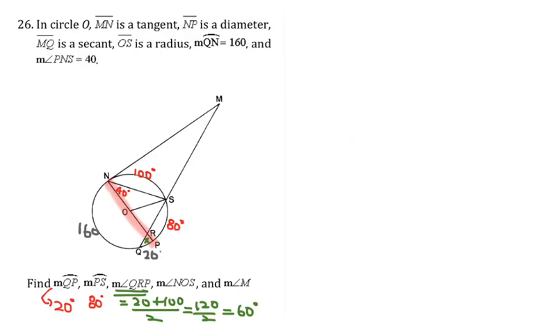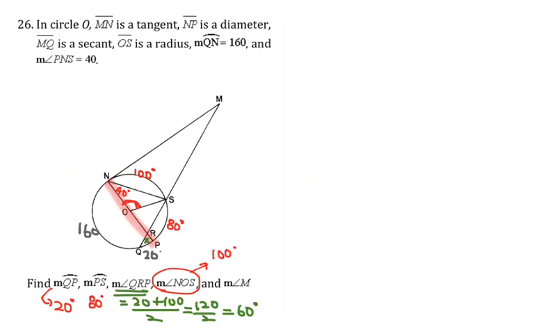So that becomes 60. How about angle NOS? Angle NOS is the central angle, which is the same as the intercepted arc, which is 100. So that was rather simple.